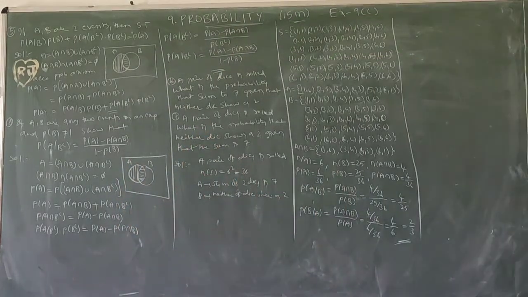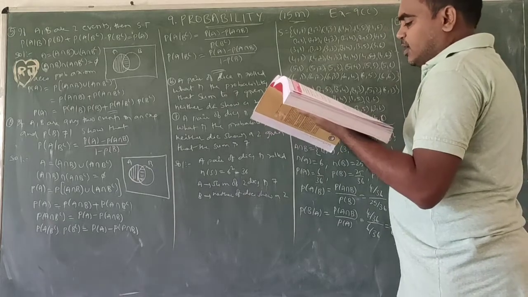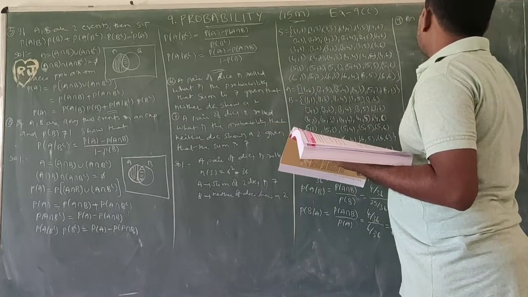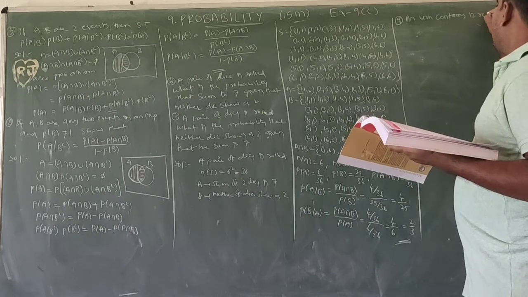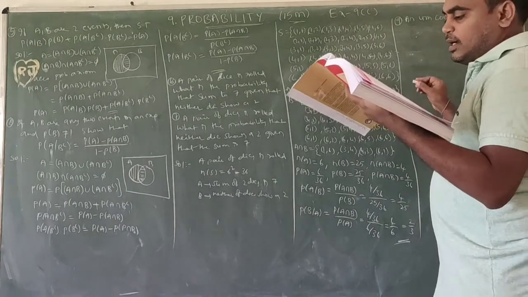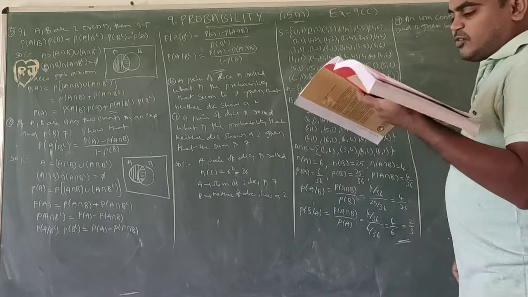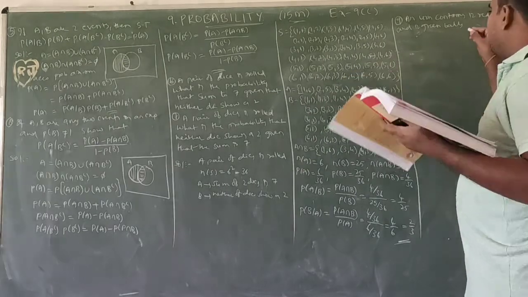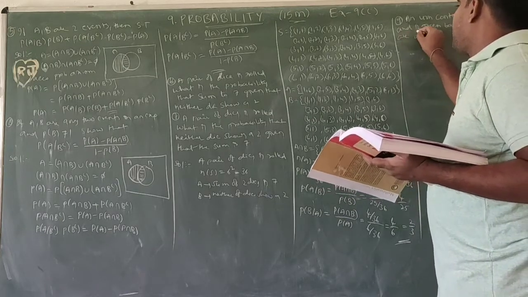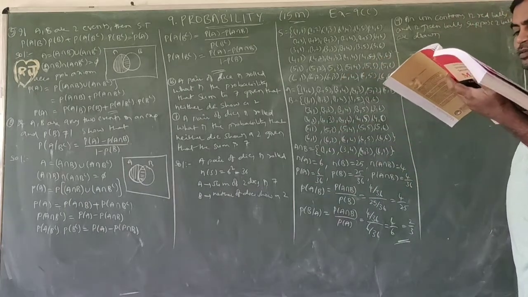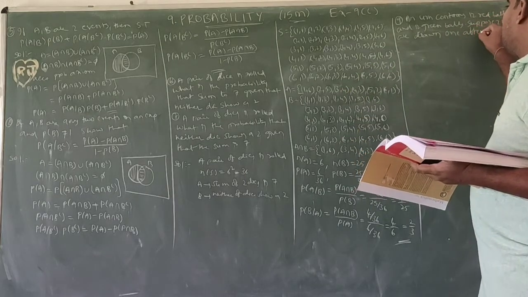Next one, question number 9. An urn contains 12 red balls and 12 green balls.